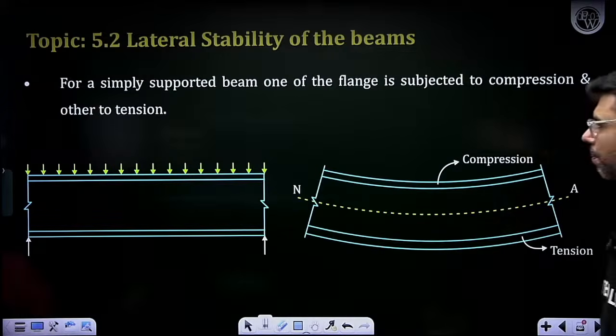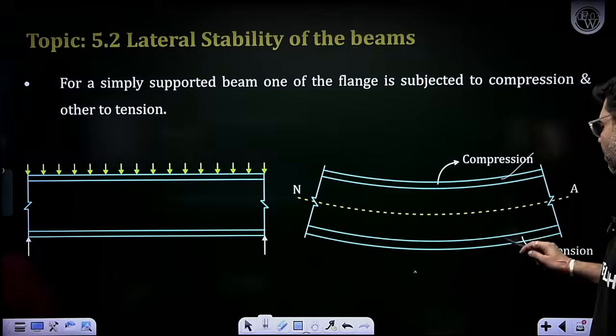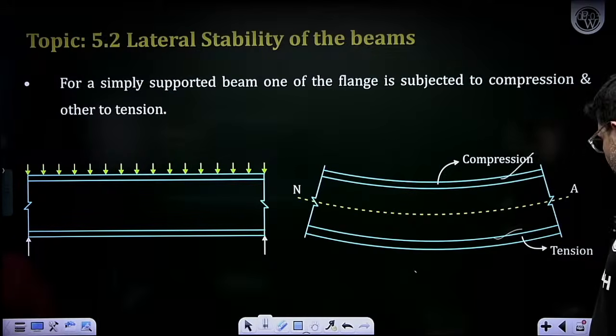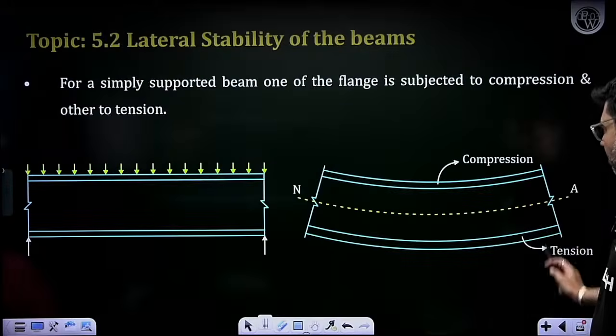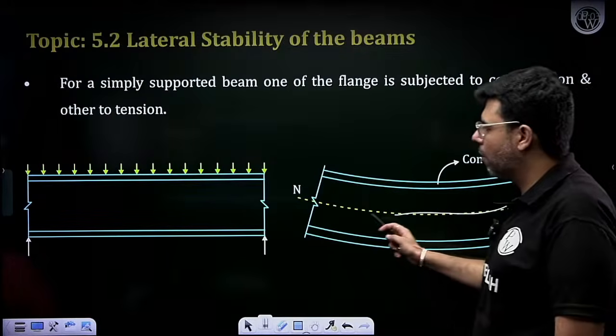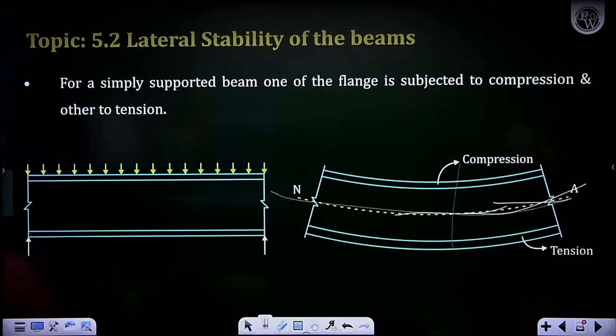For a simply supported beam, generally one of the flanges is in compression and one is in tension. To achieve economy, the moment of inertia about yy is less, whereas about zz is more.